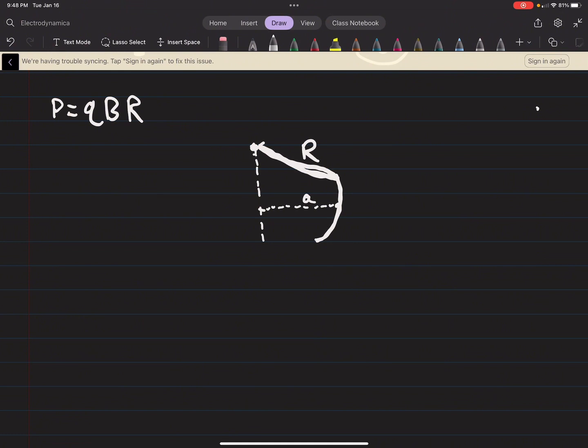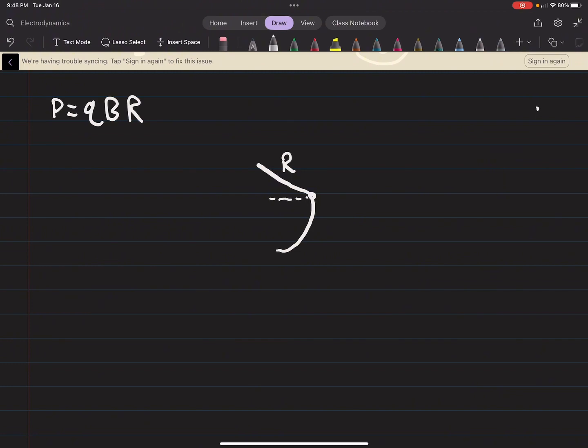Okay, let me draw this a little nicer. So we have a little arc of our circle. Let me draw that nicer. And then here to wherever that center is. And then this is that distance a. Now, just as this is a distance r, it doesn't look like it because I drew this poorly.